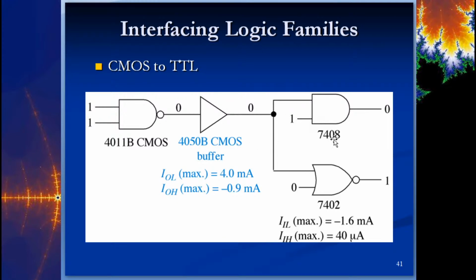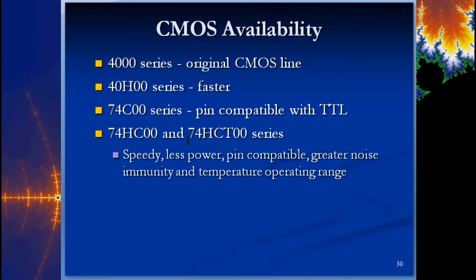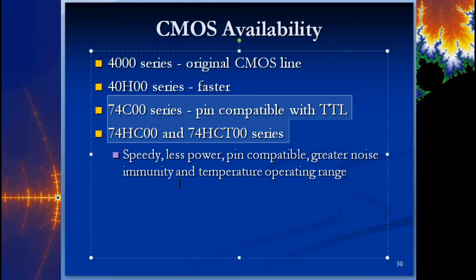The 7400 series are always TTLs, the 4000 series are CMOS. Now you'll remember from our discussion last time, we talked about how there are, here it is right here, the 74C and the 74HC series. These are direct pin replacements for the TTL chips.